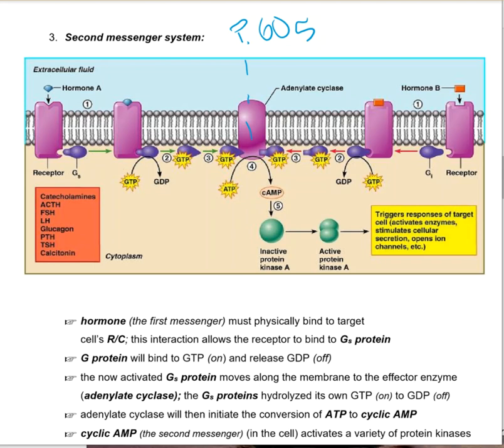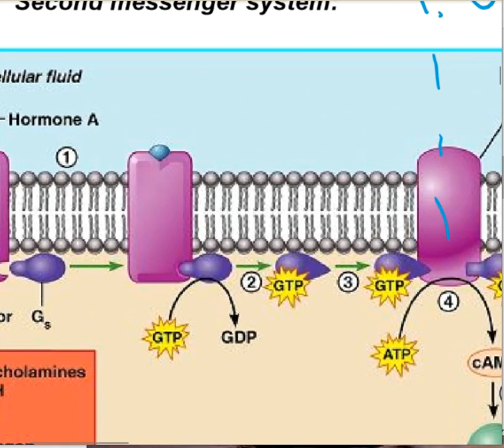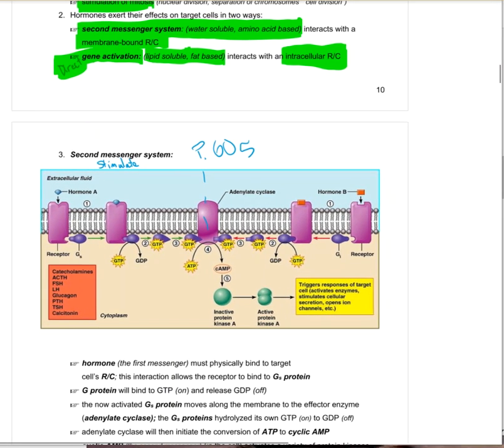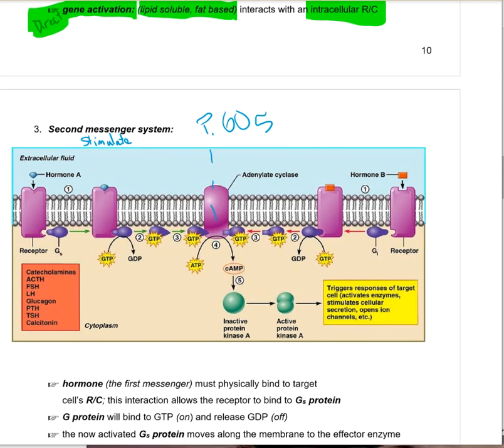Okay? And so on this side of this picture, we're going to stimulate the cell to do something. We're going to tell the cell to do something, maybe increase the amount of production of something or how much it divides. We're going to make it divide more and go through cell division.